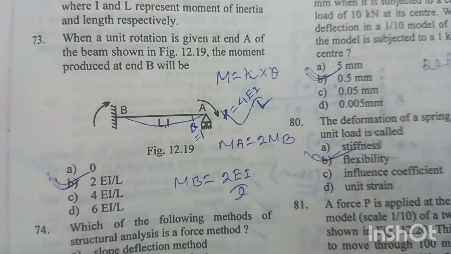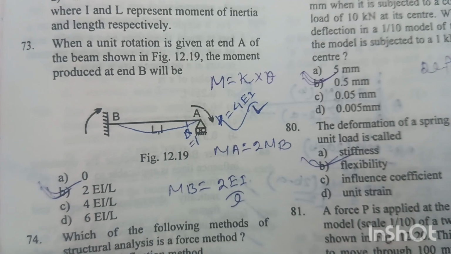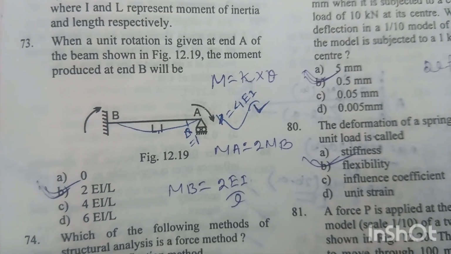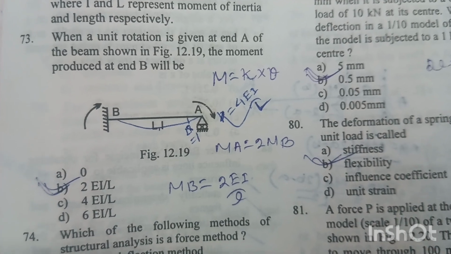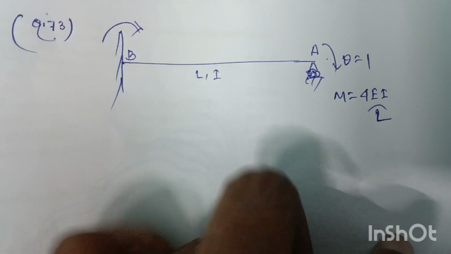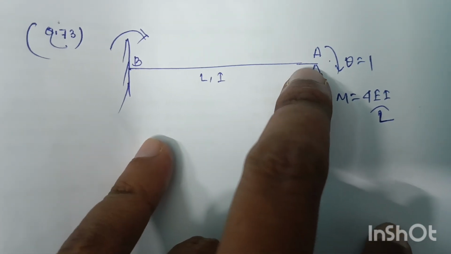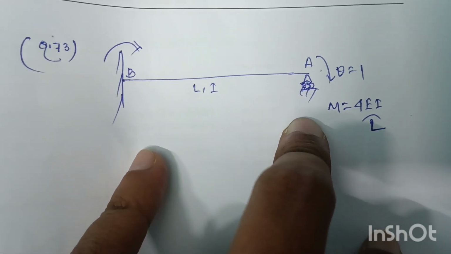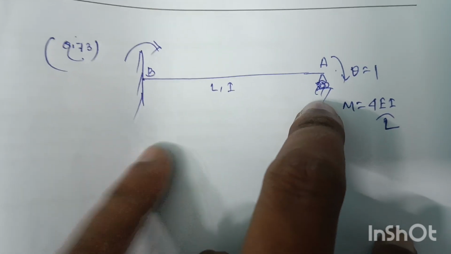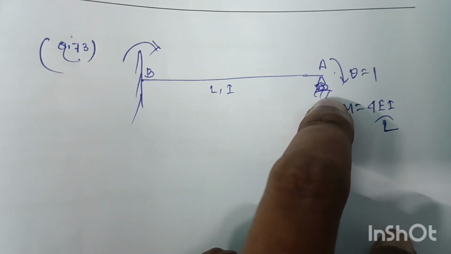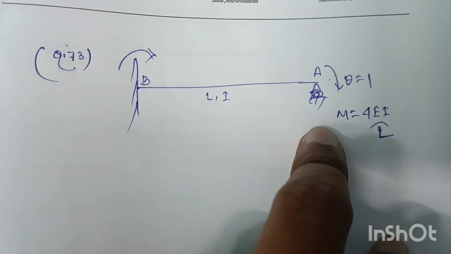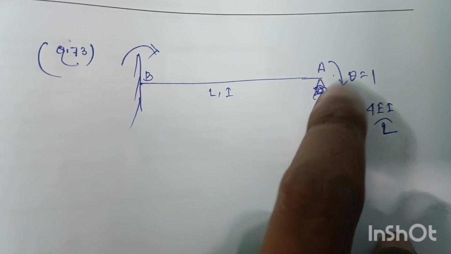Question number 73. When a unit rotation is given at the end A of the beam shown in the figure 12.19, the moment produced at end B will be. Now see, for this question, this is a propped cantilever beam. For this beam at the end A a unit rotation is given. Unit rotation means theta equal to 1. So by this unit rotation at the end A, the moment produced will be 4 EI by L at this end.